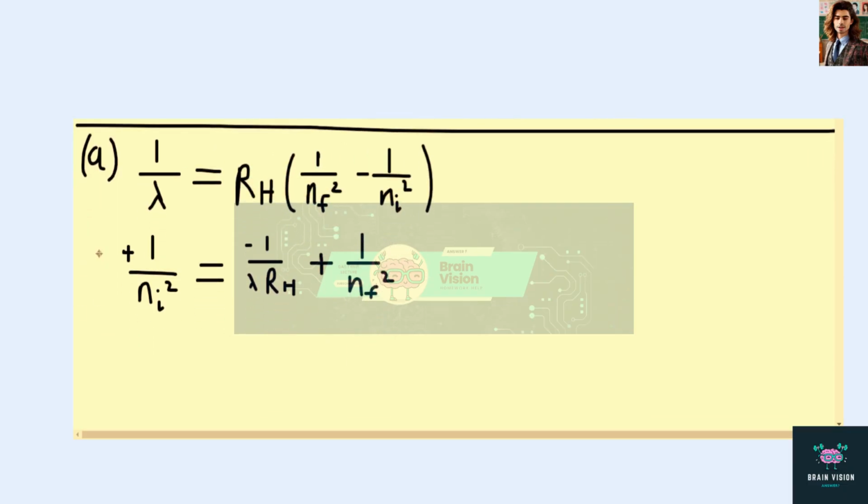And then to get the value out of the numerator, we raise both sides to the -1, and then we need to take the square root to get rid of the squared value. So we have n sub i is equal to 1 over n sub f squared minus 1 over lambda R sub H squared, where the Rydberg constant is 1.097 times 10 to the 7 inverse meters.